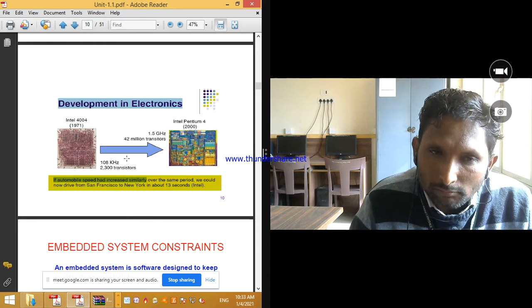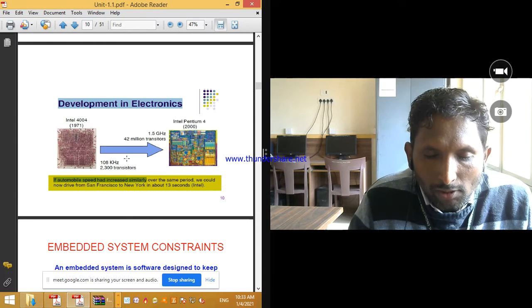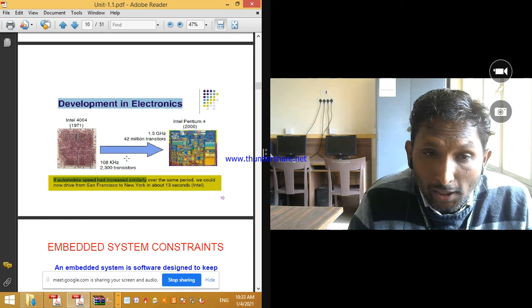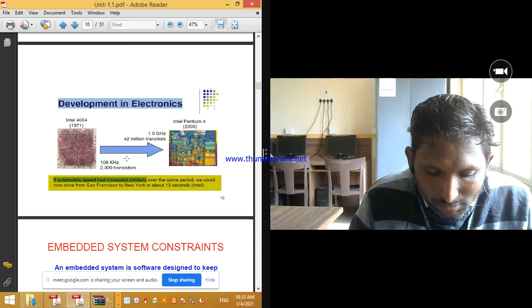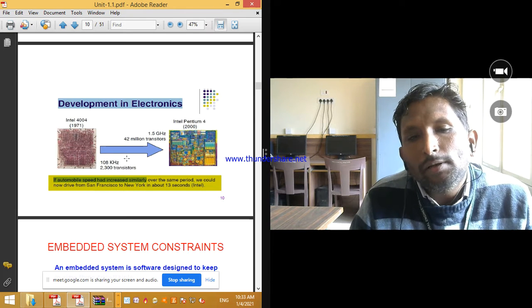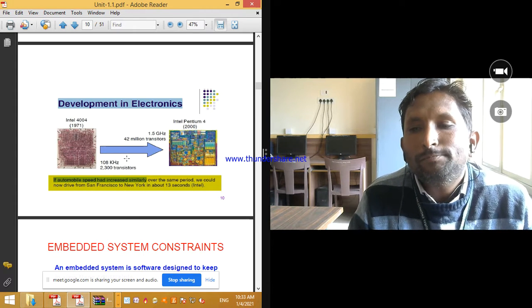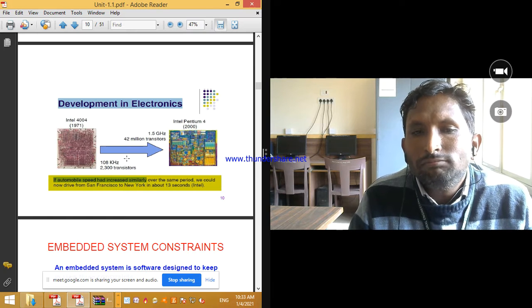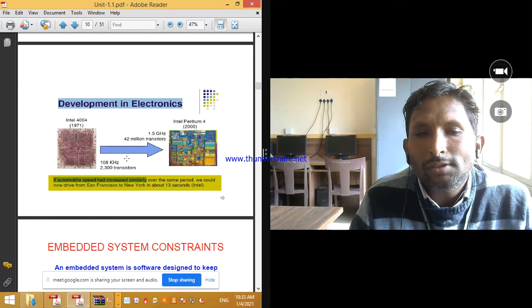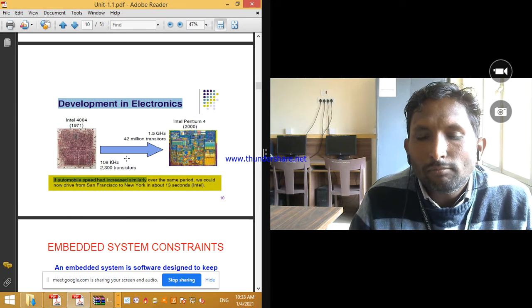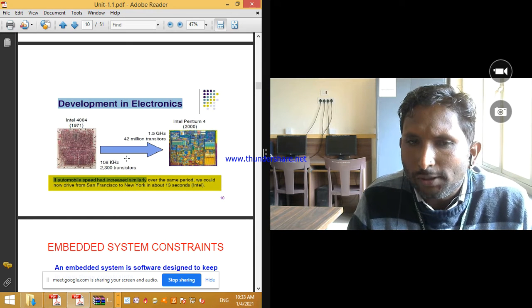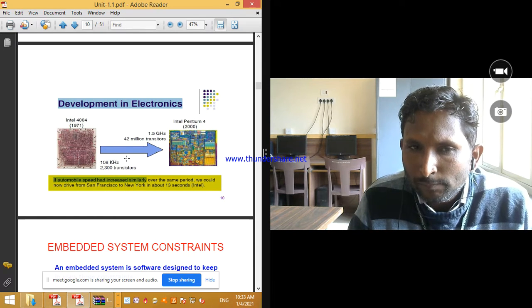Normally we are not able to understand what 108 kHz means. It is the speed of the processor. Take one example. Suppose a child is running from Loni to Babaleshwar, right?